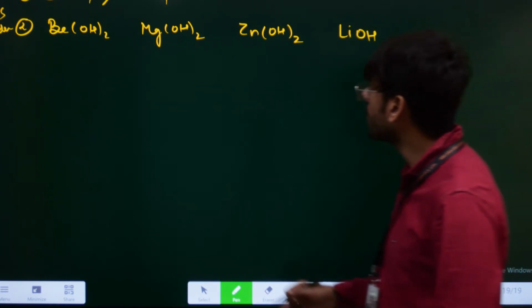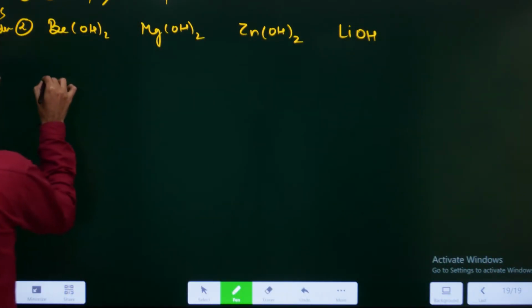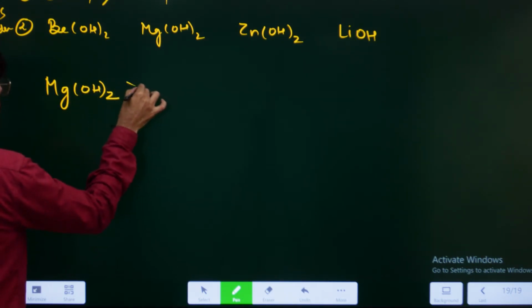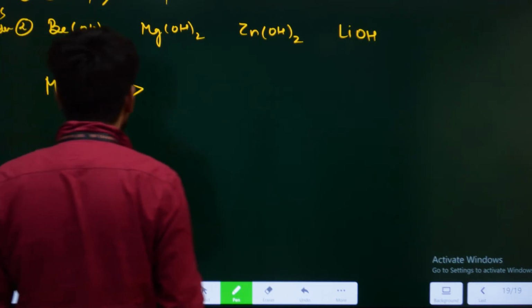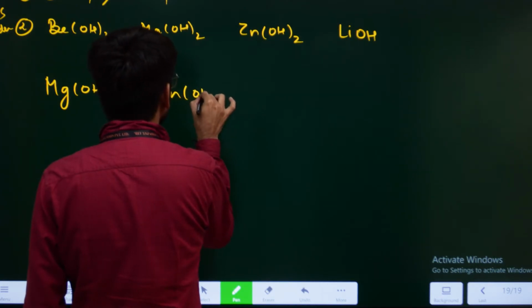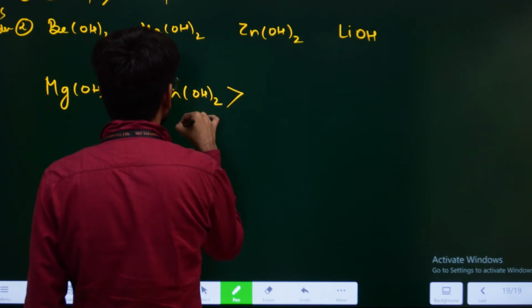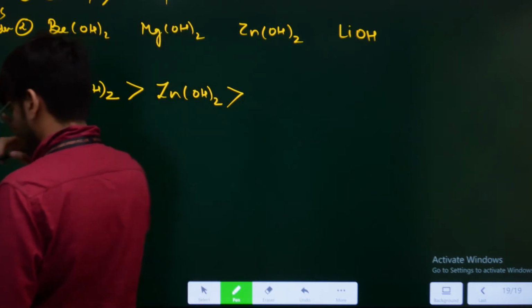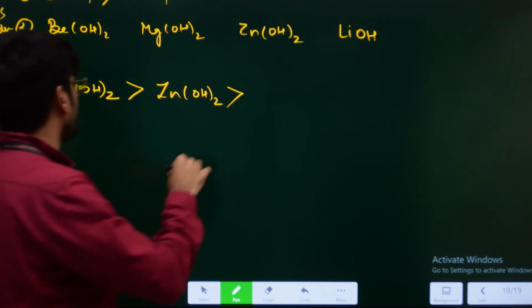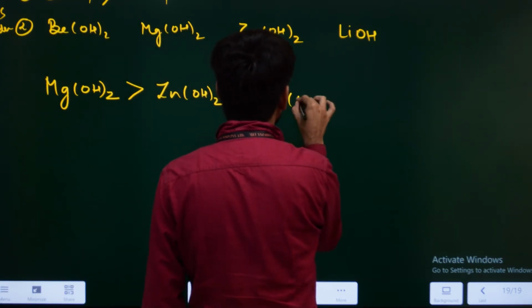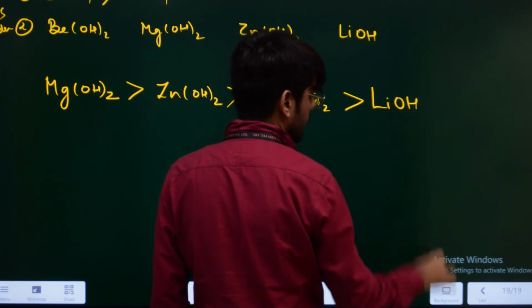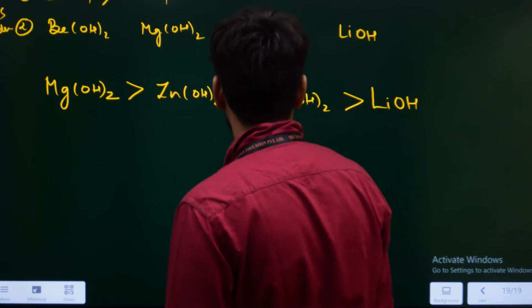Mg(OH)2, maximum? Followed by zinc, followed by beryllium, followed by this.